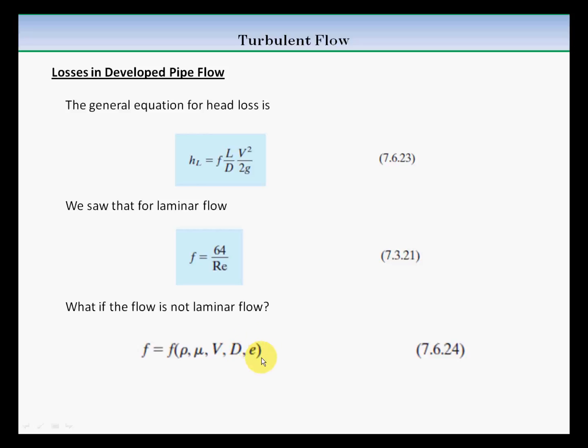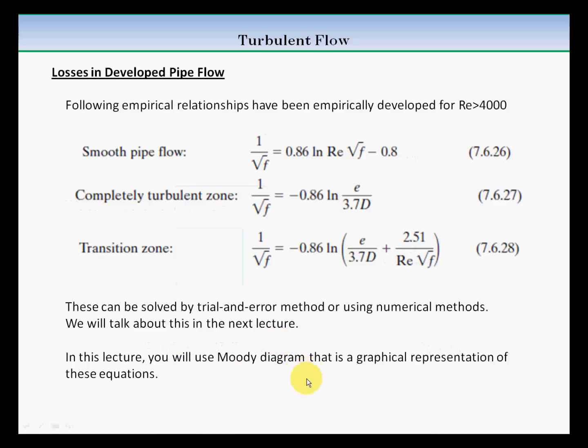And we talked about this roughness factor, which depends upon how rough the inner surface of a pipe is, which is those small roughness undulations on the surface. And this relationship has been previously developed through empirical methods, and there are different equations for different types of pipes.